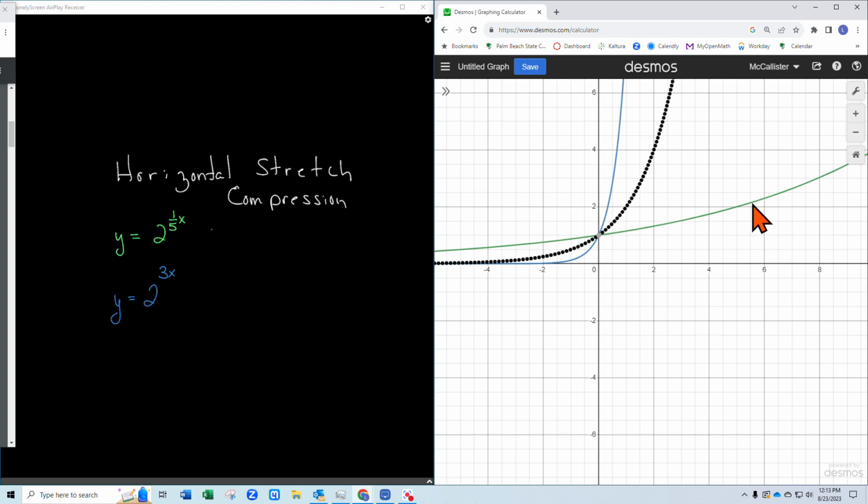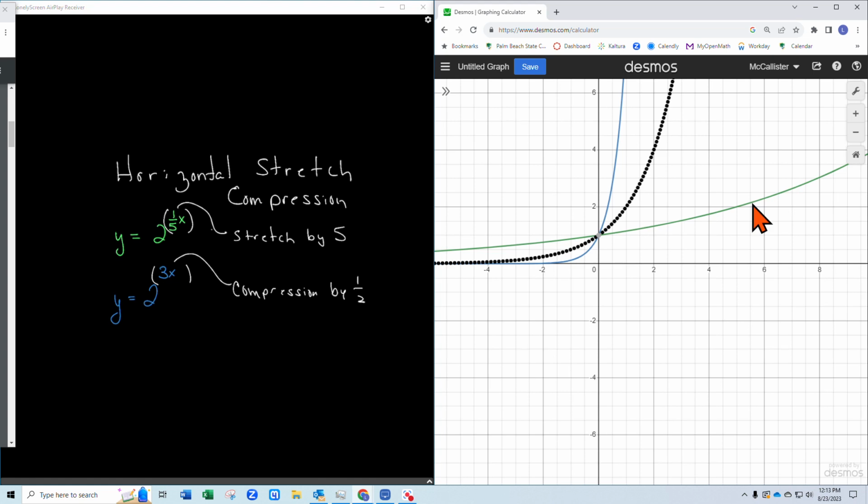Whenever I have a 1/5 inside here, that actually becomes a stretch by 5 units, and the 3 times x is a compression by 1/3. Whenever you have horizontal, whenever you have anything that's being raised to the exponent, it is the opposite of those values.